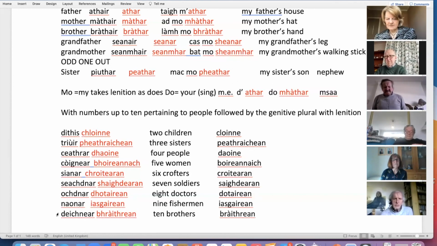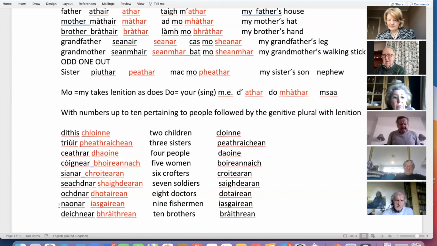Deichnear dhotairean a-muigh. That's it. There are 9 crofters on the croft. Naoinear chroitearan air a' chroit.